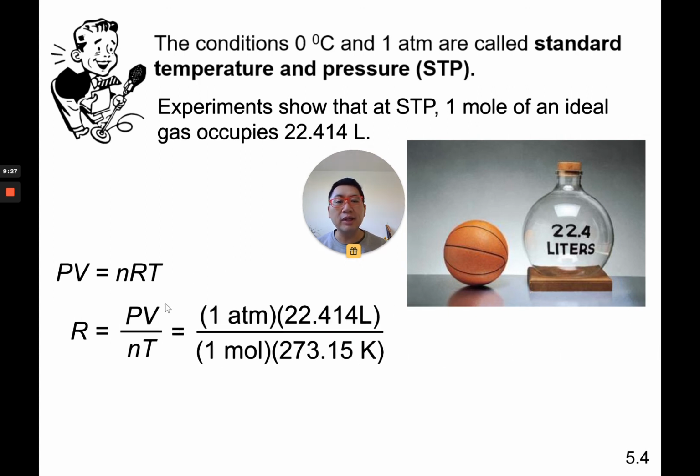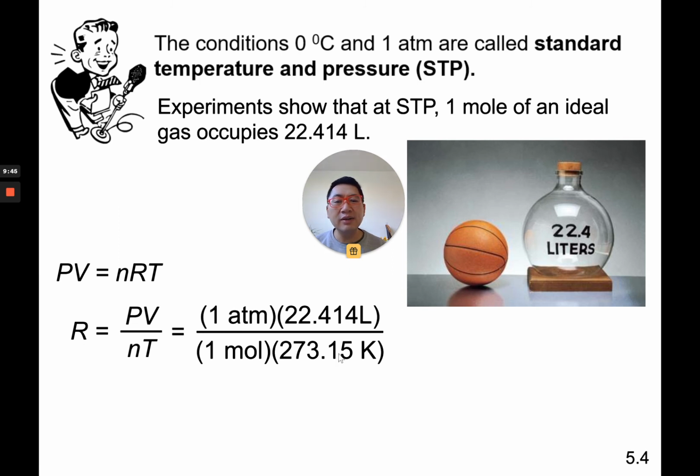I can plug that in. Pressure, 1 atmosphere. Volume, 22.414 liters. n, number of moles, 1 mole. Temperature, in kelvins, 273.15 kelvins. I now know what R is.